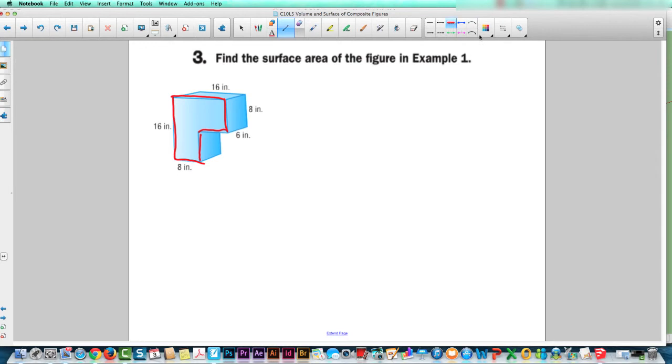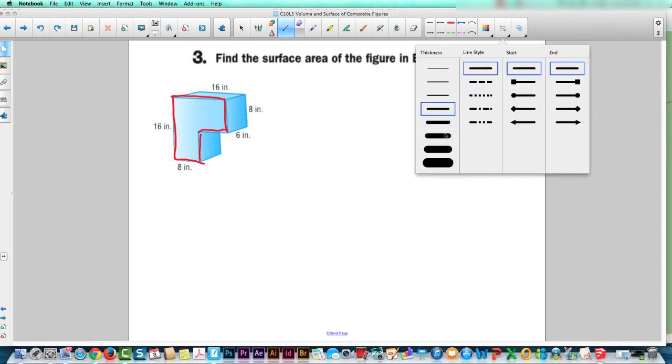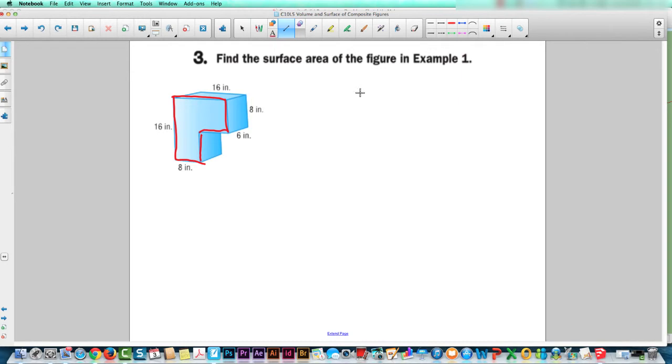I'll do it in red. And it's just a rough sketch, so it's not going to be perfect. You don't need it to be. Again, though, you should use pencil. Right, so now I have that face there.